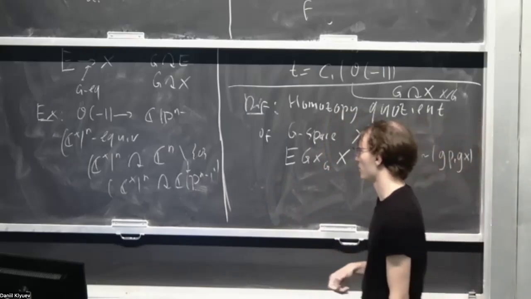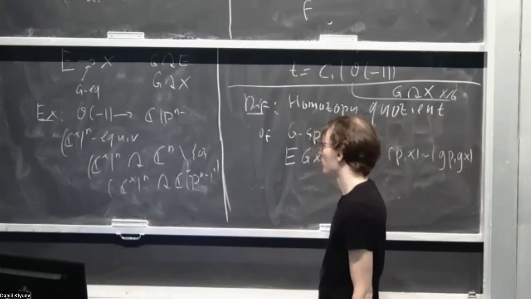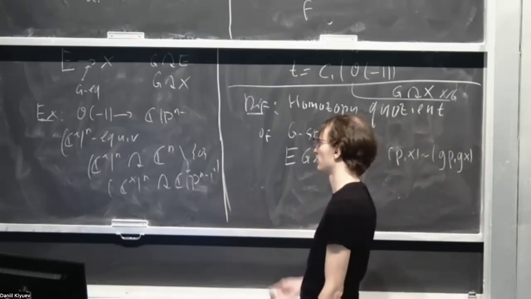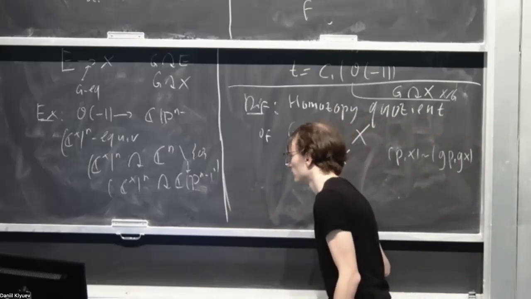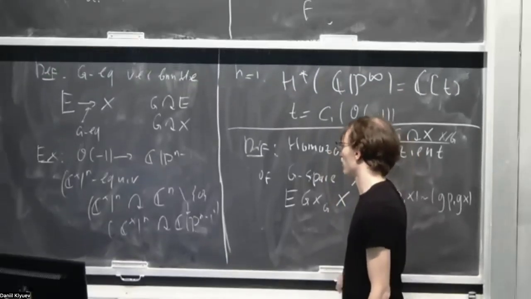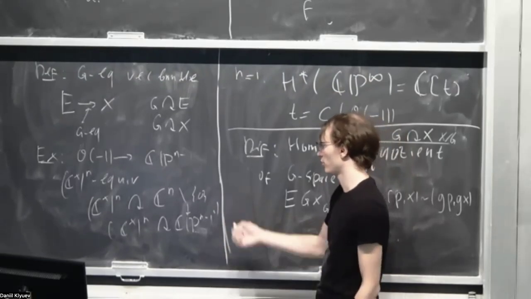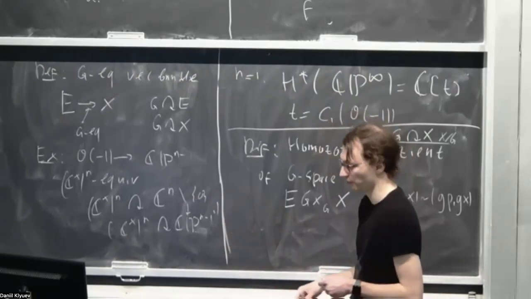Okay, so this is how it works. For CP^n, you have an actual action of the torus on the space outside, and you can quotient to get an action on CP^n.